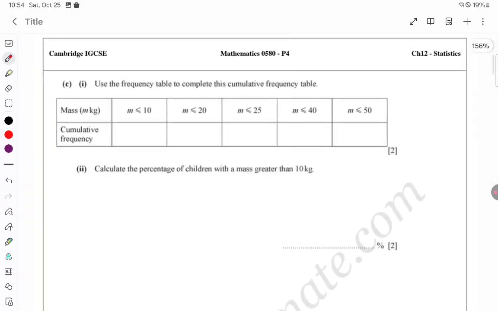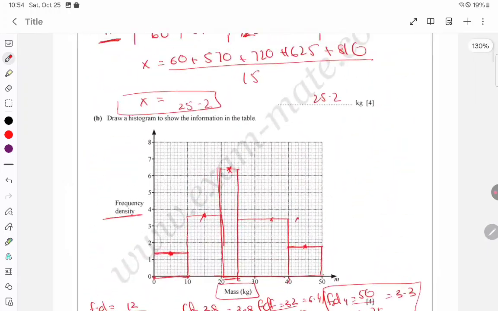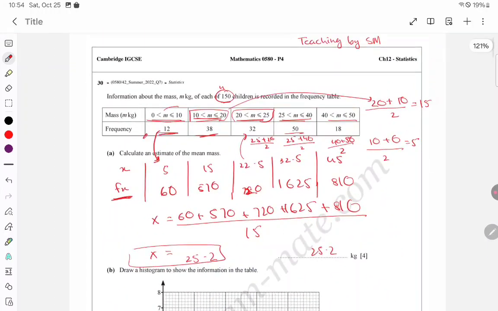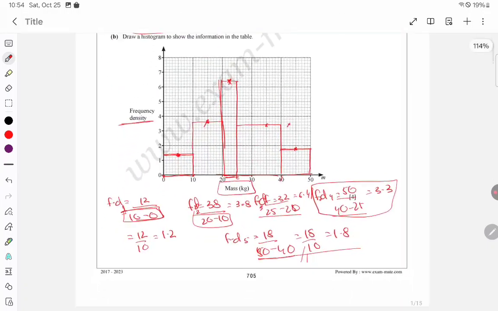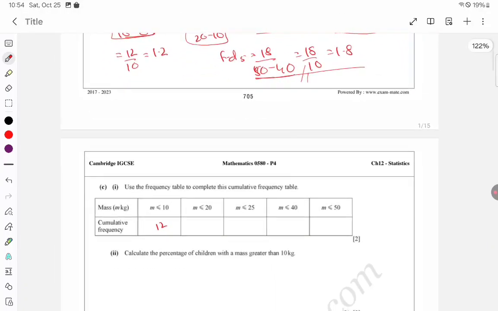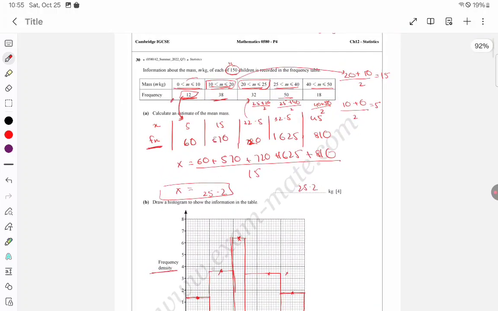Part C. Use the frequency table to compute the cumulative frequency. Cumulative frequency is the sum of all the previous frequencies. First, we consider our first frequency, original value 12. Now the second frequency is 38, then 32, then 50, then 18.